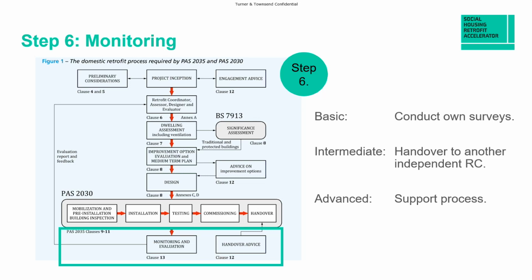So you have this initial monitoring and evaluation, but sometimes it identifies things that aren't going well. And then you might want to bring that retrofit coordinator back to site to inspect the house and have a look to see what's going on. It might be that there's just been a poor finish somewhere. It might be that something's not been commissioned as well as it should be. There could be some more unintended consequences that need to be looked into, and longer term monitoring might need to take place.